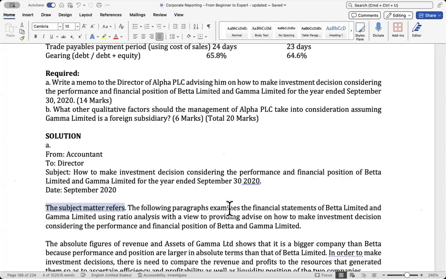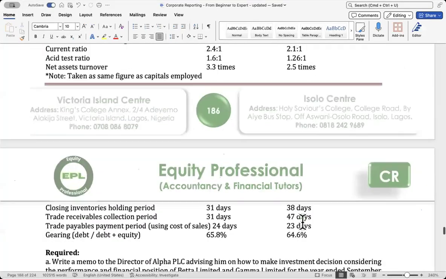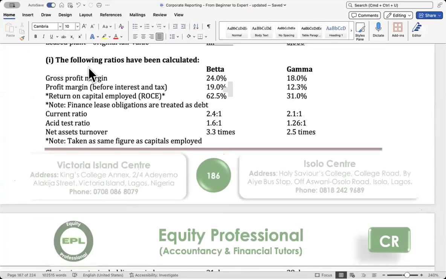The following paragraph examines the financial statement of Beta Limited and Gamma Limited using ratio analysis with a view to providing advice on how to make investment decision considering the performance and position of Beta and Gamma Limited. That's one. So when I do my introduction, I can see that they gave me ratios of each of them.